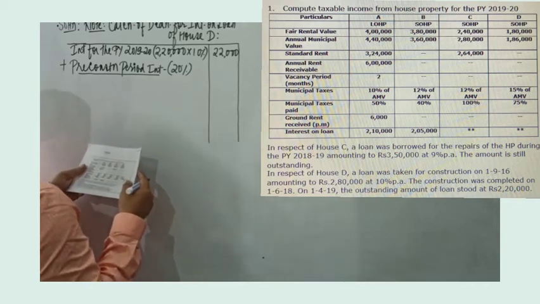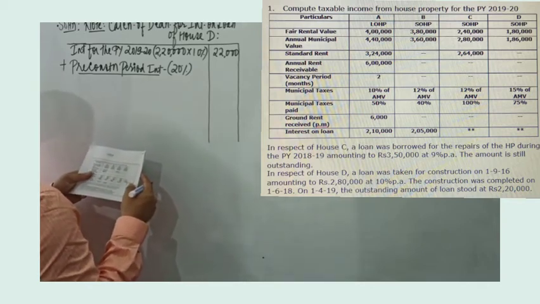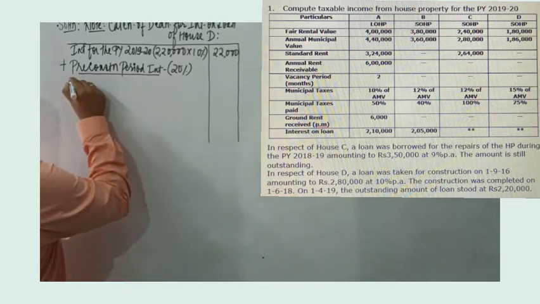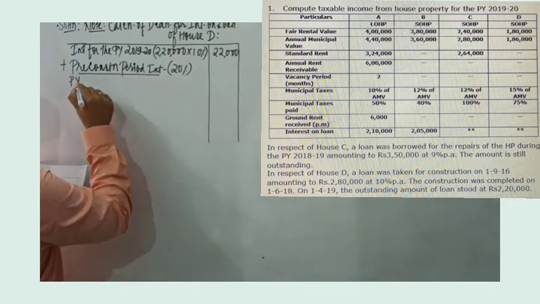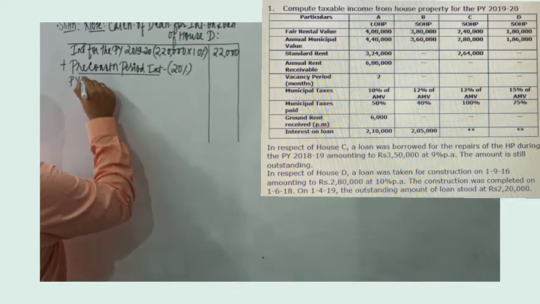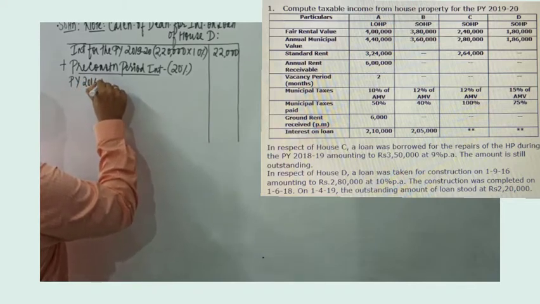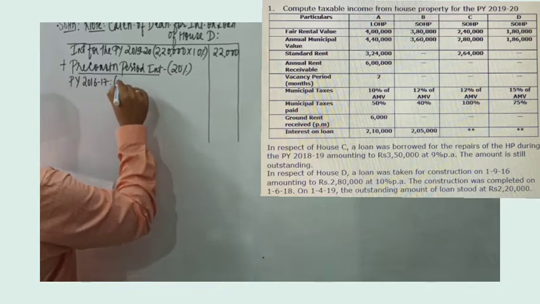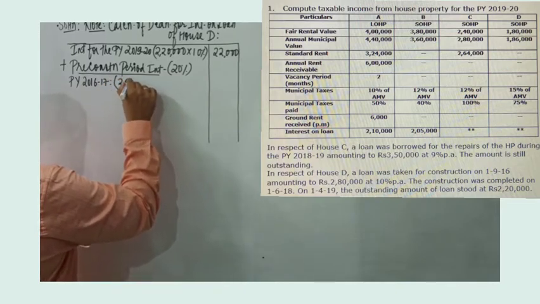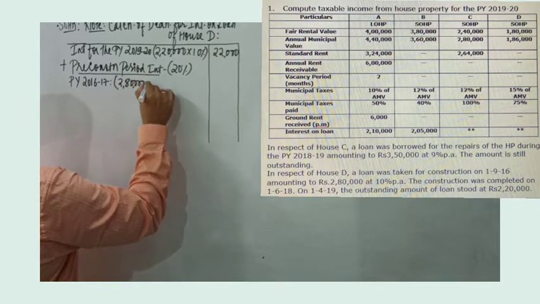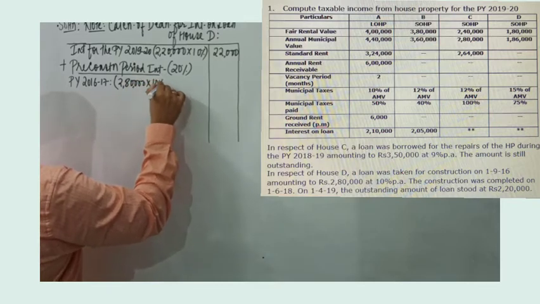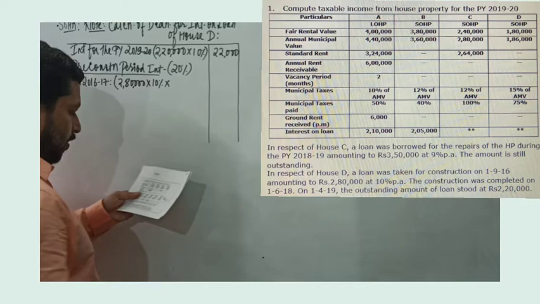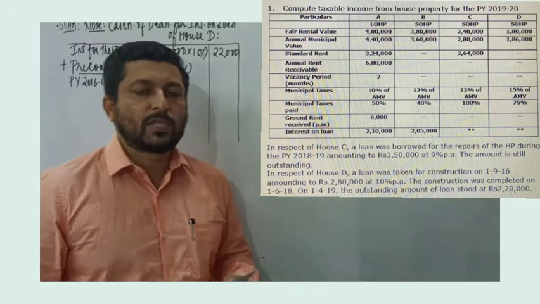So the loan was taken for construction on 1st of September 2016 amounting to rupees 2,80,000. September 2016 is previous year 16-17. The loan amount borrowed was 2,80,000. The rate of interest is 10% and, very important, the loan was taken on 1st of September.